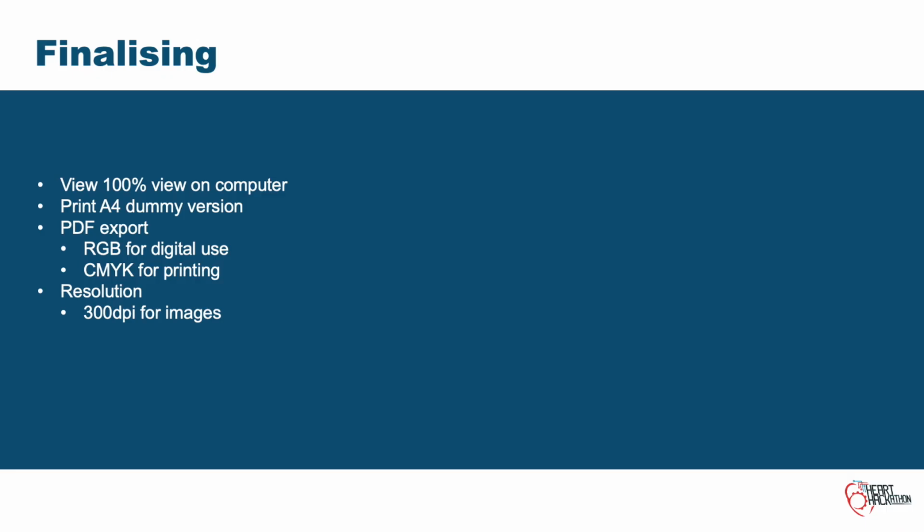And because these posters are going to be very, very large, you want to make sure that it's a PDF version that you've saved, not a PNG, and that all your images have sufficient resolution. So 300 pixels per inch is a good thing to aim for on an A0 poster.